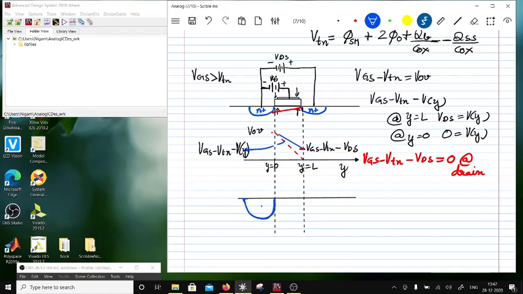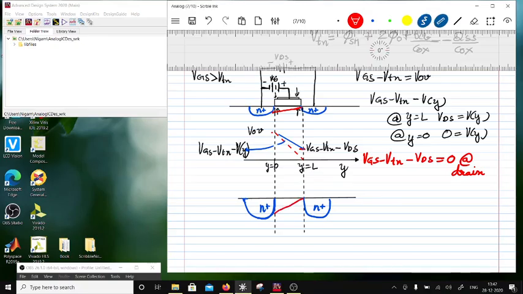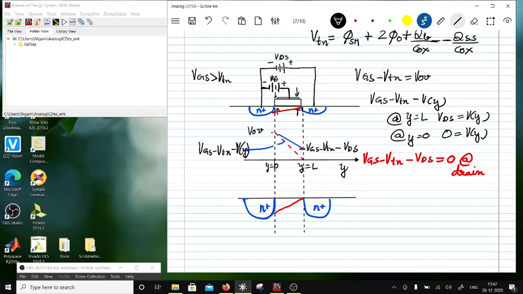So I'm exaggerating the thickness here, okay, so that you know what's happening. So the channel has pinched off over here. Okay, so this is referred to as pinch off.